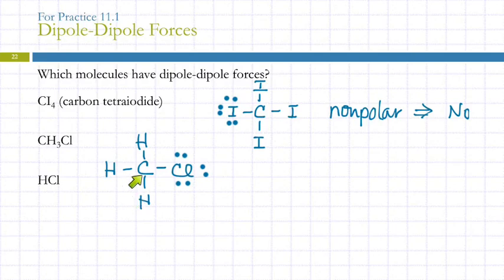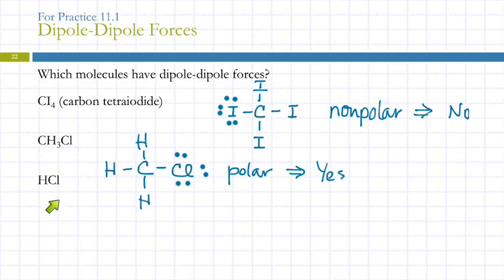It doesn't have any lone pairs, so this is symmetrical around the carbon in terms of how those electron groups are arranged. But chlorine has a very different electronegativity than these hydrogens do. Okay? So this is a polar molecule. It's lopsided. It's not symmetrical. This is a polar molecule, so does it have dipole-dipole forces? Yes, it does.